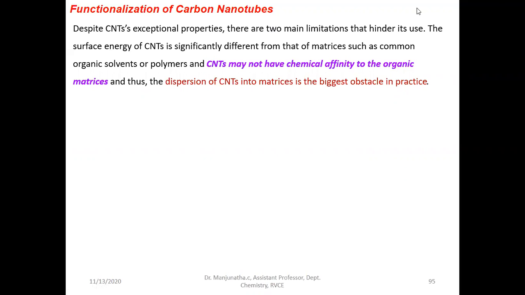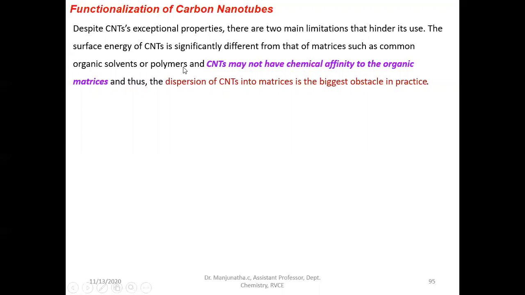Despite CNT's exceptional physical, mechanical and optical properties, its dispersion into matrices or solvents is the biggest obstacle in practice. Especially for drug delivery, you need to disperse the CNTs in a polar solvent. So this has to be converted to a polar form by attaching some polar groups, because it is not soluble in polar solvents. Let us look at how it can be converted.